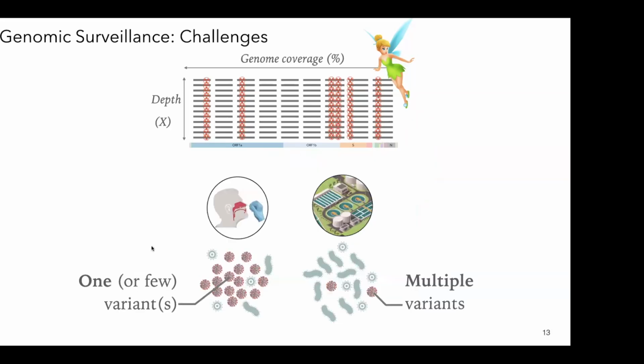To summarize, I work only on the environment, and I kind of dream when I think about clinical surveillance, in the way that in one sample you will have one or just a few variants, and most of the sample will be what you're looking for, while in wastewater, the things you're looking for are actually really low abundance, because most of the other things are not what you want to look at.